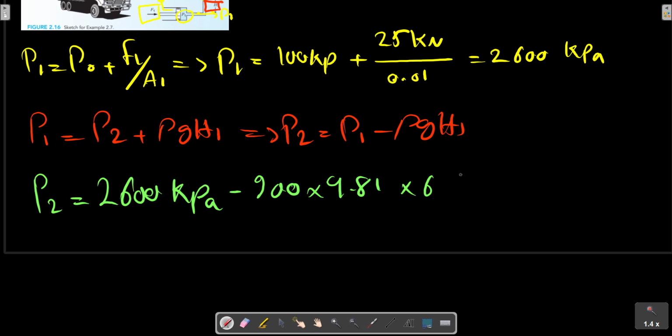To convert to kilopascal, we should divide by 1000. Now P2 can be calculated and is in kilopascal. So we also have the relation for the second point.